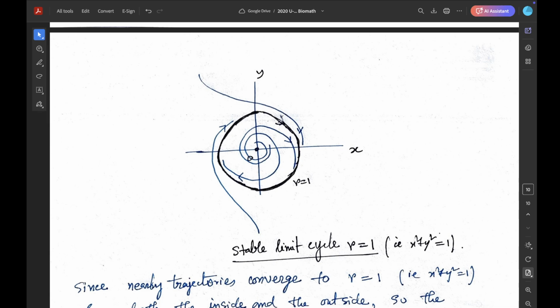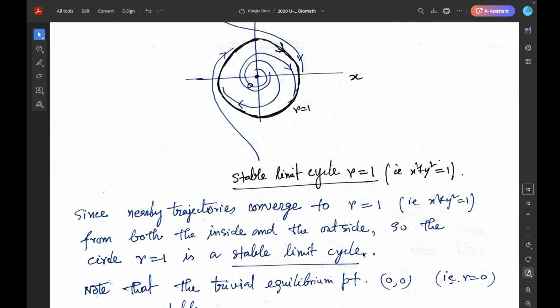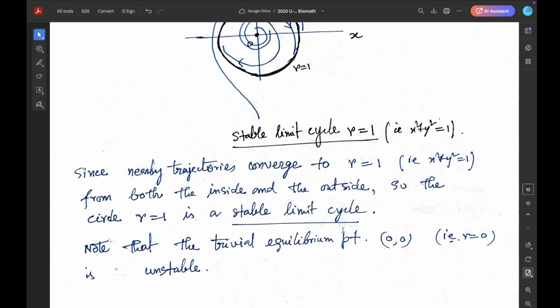From the outside, when r is greater than 1, trajectories approach the limit cycle, and the critical point 0 0 is also an unstable critical point, because all trajectories move away from this critical point and go to the limit cycle r equal to 1. So nearby trajectories converge to r equal to 1, that is to the circle x square plus y square equal to 1, from both the inside and the outside. So the circle r equal to 1 is a stable limit cycle, but the trivial equilibrium point 0 0 is unstable.